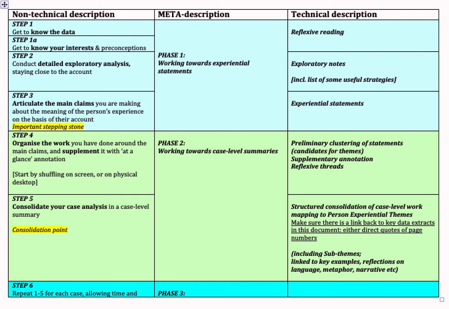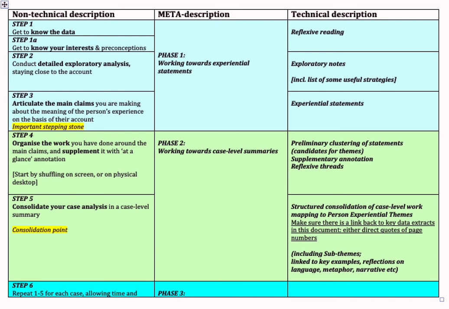You're conducting detailed exploratory analysis, annotation of the transcript, to notice the important things for the participant, the important meanings that those things have, and the important ways that the participant talks about them. I've spoken about example coding strategies in another video, but this is where you're doing your detailed line-by-line work. And then you're summarizing those in what we're calling here experiential statements.